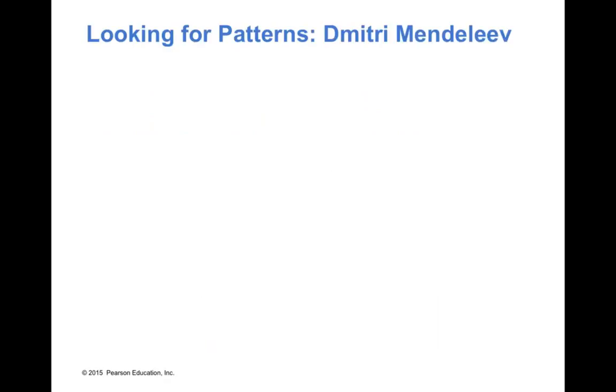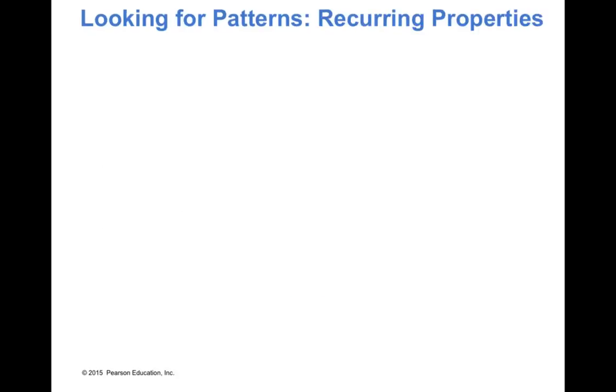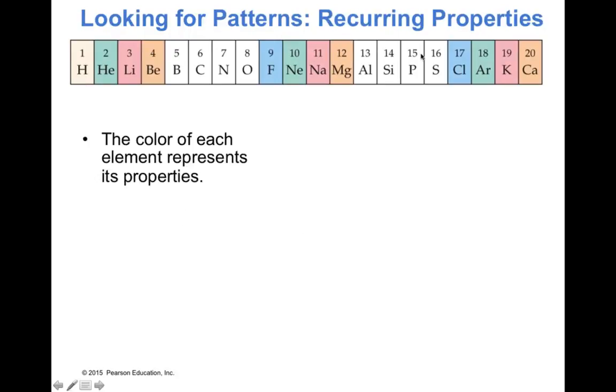Another good question is why the periodic table has the arrangement of a table. Dmitri Mendeleev, a Russian chemistry professor, proposed from observation that when the elements are arranged in order of increasing relative mass, certain sets of properties recur periodically. Initially, he put all the elements in a row, as we can see here, where the color of each element represents its property.